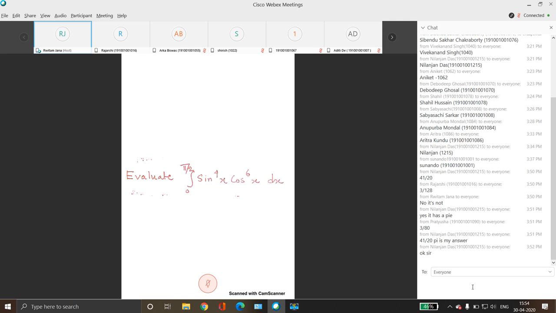Okay. This is the formula for the integral from 0 to pi by 2 of cos to the power nx dx when n is an even number.